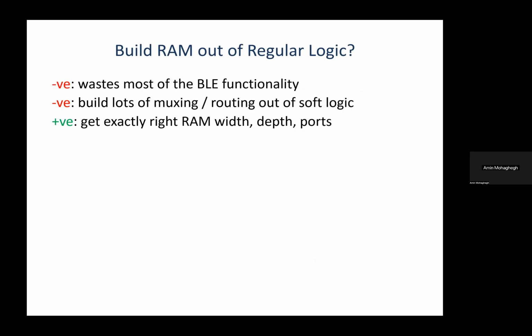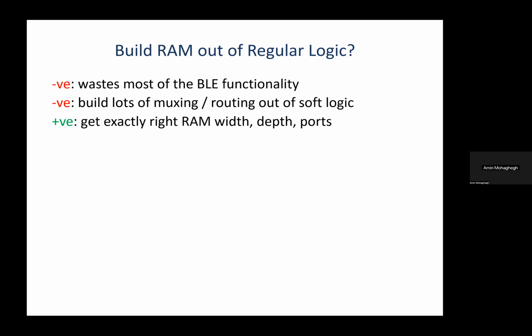Okay, so if we build our RAM out of regular logic, and the earliest FPGAs did this, there's some significant negatives. It wastes most of the functionality of our basic logic element, right? We've got a LUT and a register, and we're getting basically the register to do 1 bit of storage. So we're kind of wasting most of the functionality. We need a whole bunch of memory bits, so we're using our registers for that.